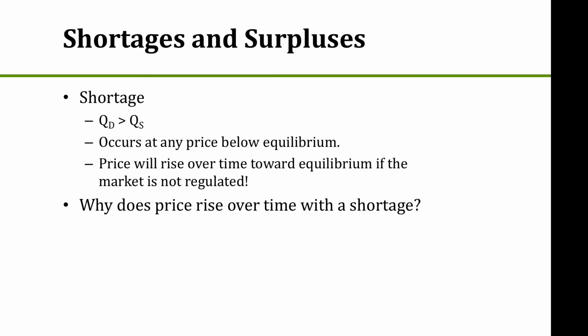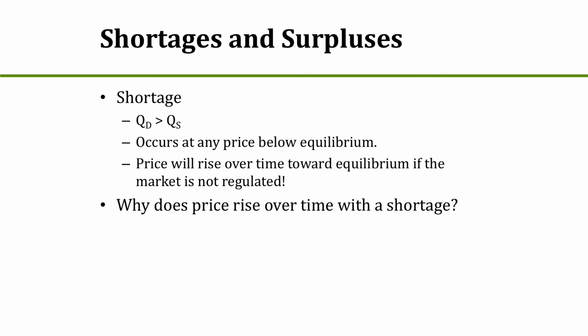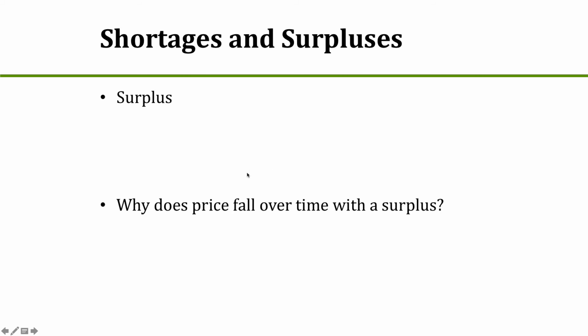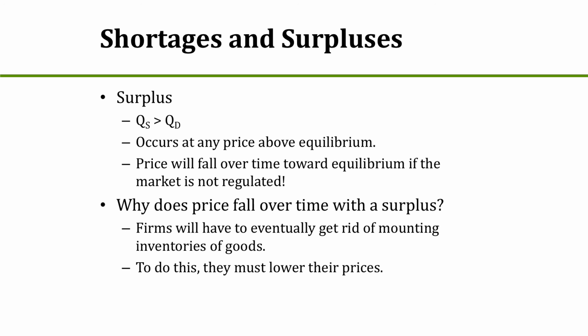Now let's turn back to the slides. And as you see here, on this third line, price will rise over time toward equilibrium if the market is not regulated. I'm going to explain this sentence in detail, but let's see the surplus first.